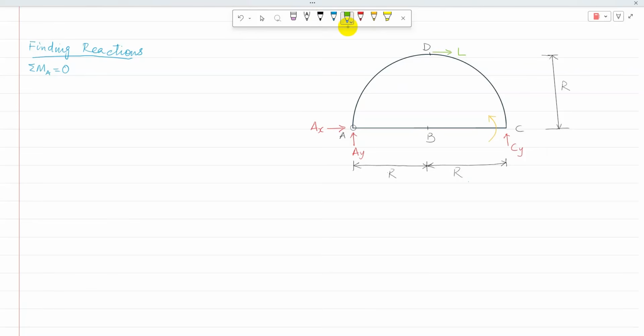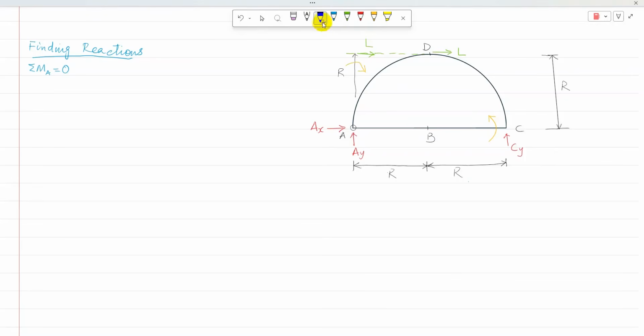Then the other force is L. The perpendicular distance from the line of action of L to point A is equal to r, and L is trying to rotate about A in the clockwise direction.